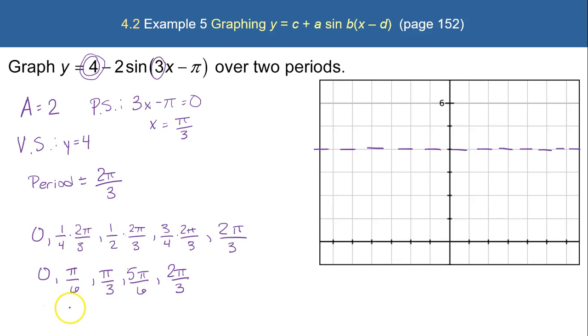And let's see, this is what we get. So pi over 3, I'm going to do it right here. So add pi over 3 to 0, get pi over 3. Add pi over 3 to pi over 6. Let's see, you get pi over 2.